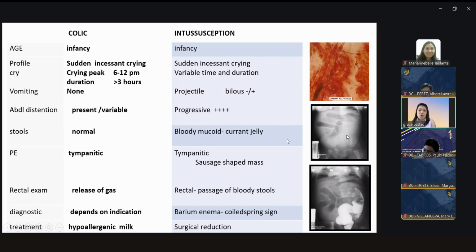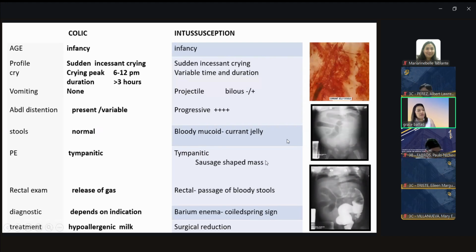So there is no even distribution. We call this the paucity of gases. And if you did your physical examination for colicky infants, it's mostly tympanitic, very gassy. Here you might be palpating a sausage-shaped elongated mass.